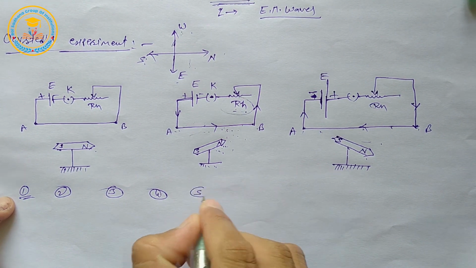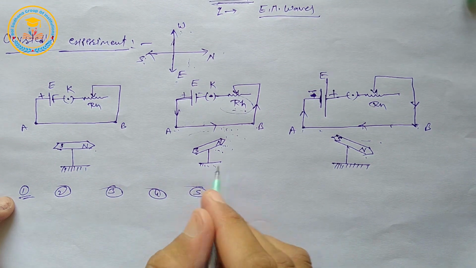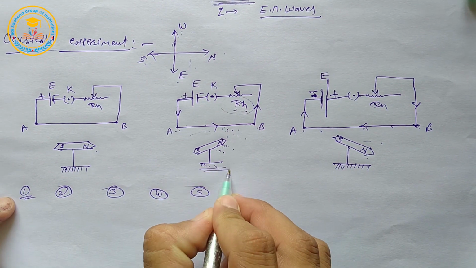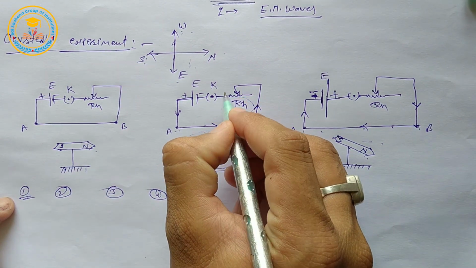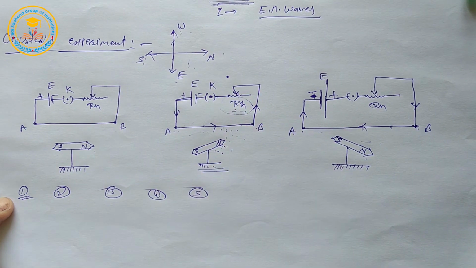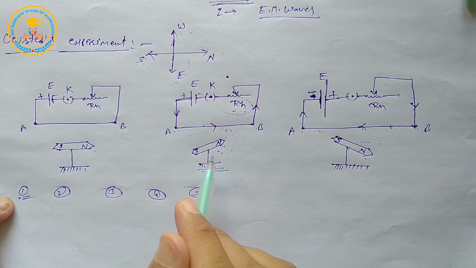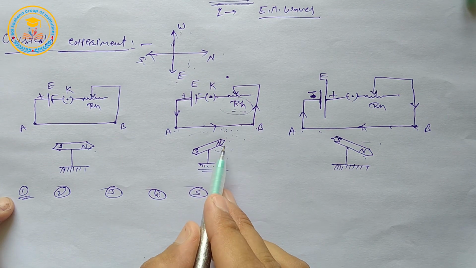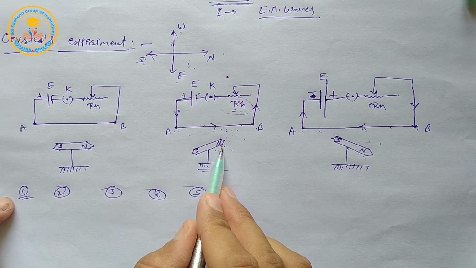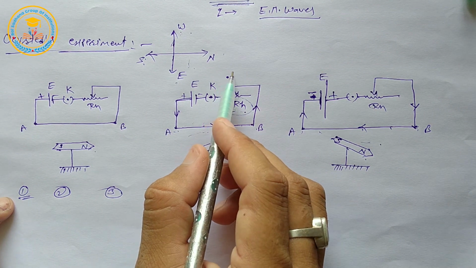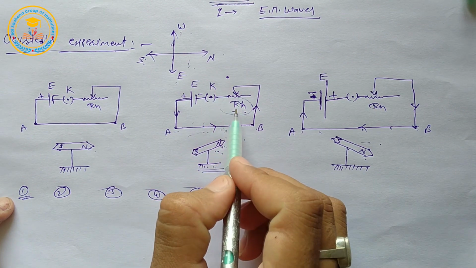Okay, next is, if this magnetic needle is kept at the upper point of this wire, then in this condition the north pole deflects towards the east direction.